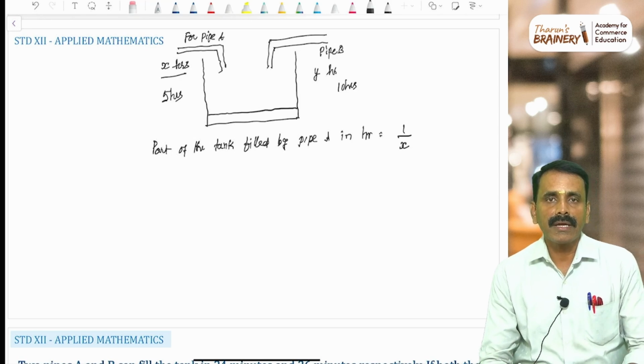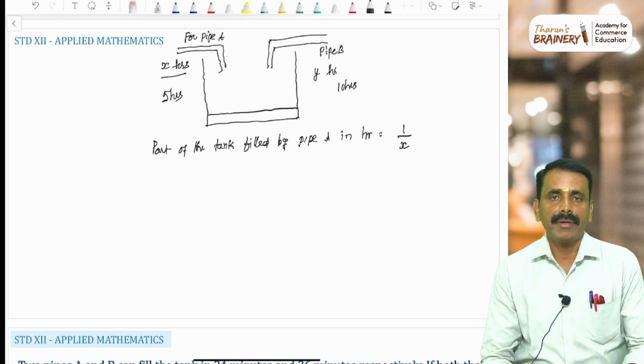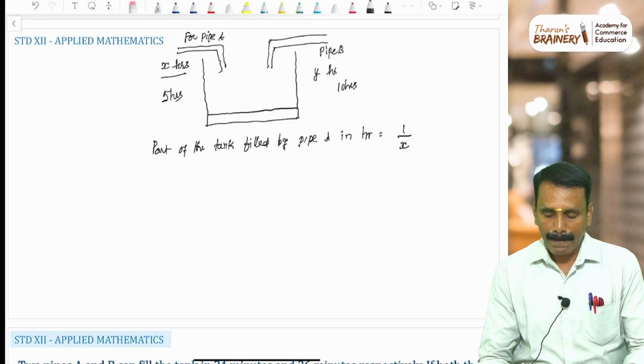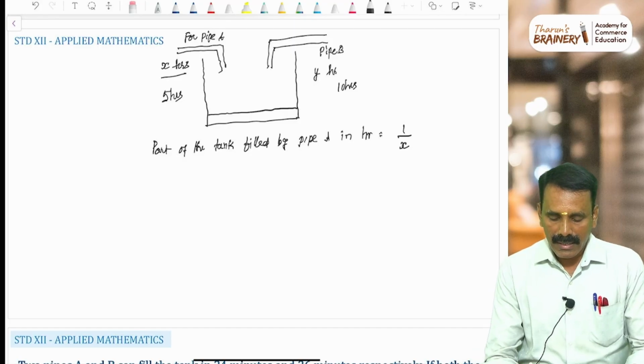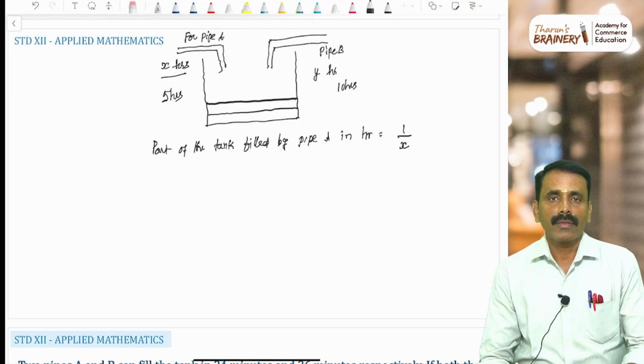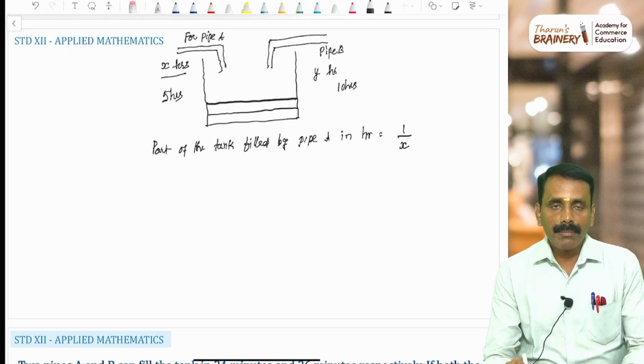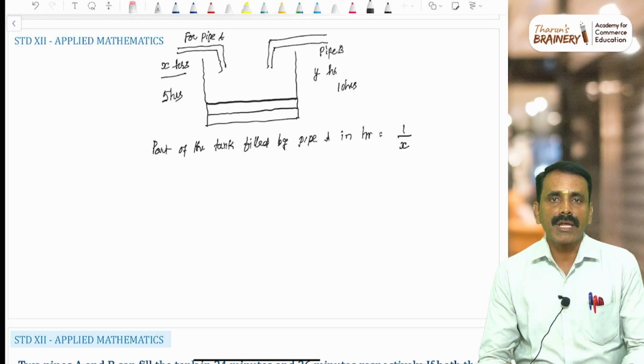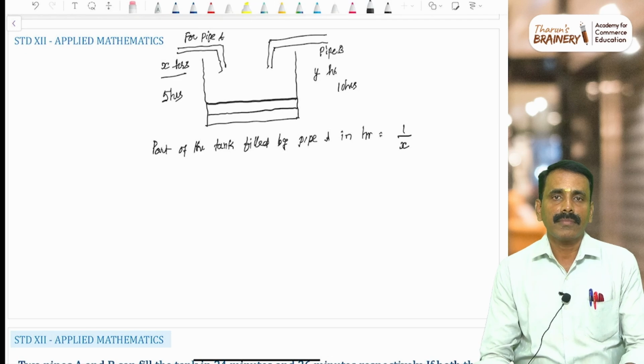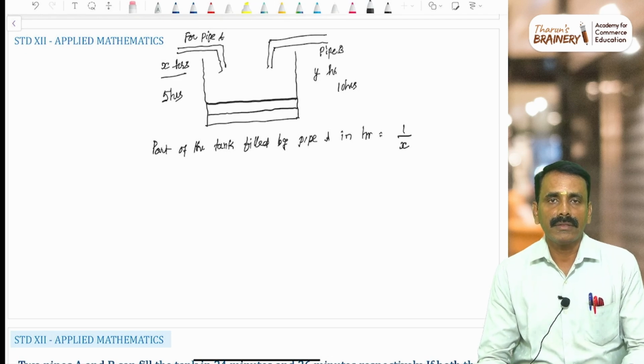If you divide the entire tank into 10 equal parts, then in the first hour it will fill the first 1/10 of the tank. Next hour it will fill another 1/10 and it will go on, and in the last hour it will fill the entire tank. Now the question is, if both the pipes are open together, how much time will it take to fill the entire tank? That type of question we are going to see in this session.